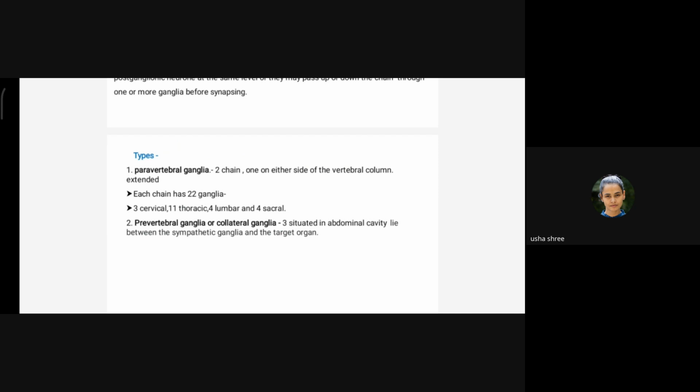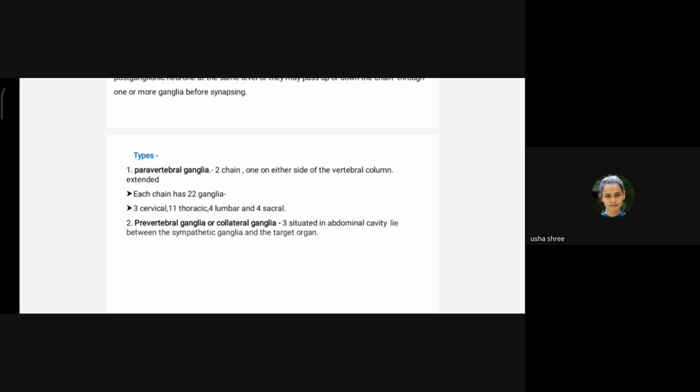Each chain has 22 ganglia: 3 cervical, 11 thoracic, 4 lumbar, and 4 sacral. And prevertebral ganglia or collateral ganglia, 3 situated in the abdominal cavity, lie between the sympathetic ganglia and target organ.